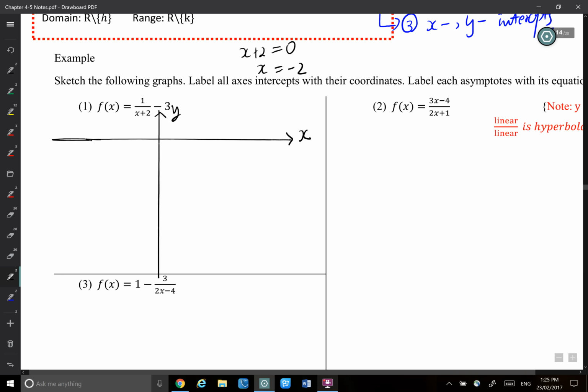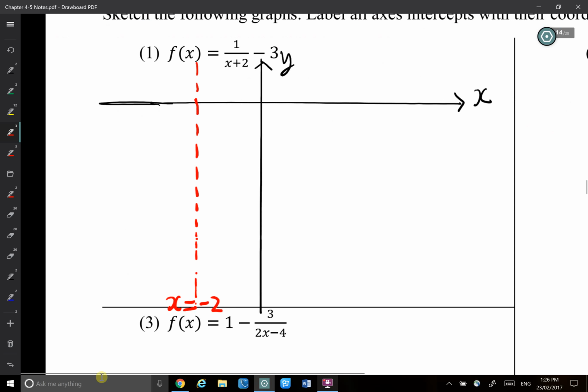So x equals negative 2 will be the asymptote. And you need to write x equals negative 2, label that. You need to write out the equations.